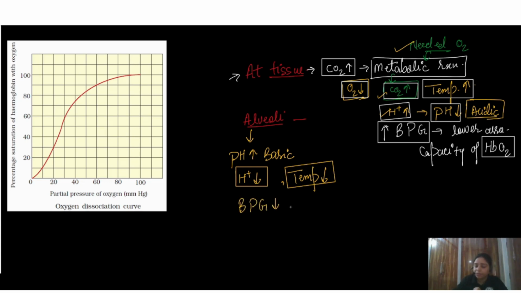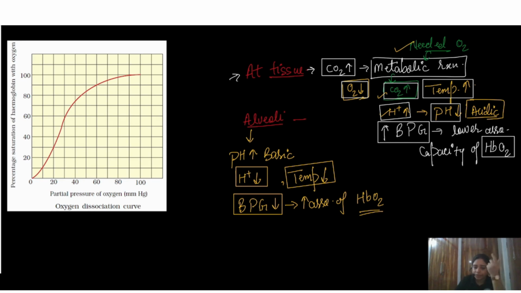Low bisphosphoglycerate causes increased association of HbO2. So because of the low BPG, the affinity of Hb for O2 increases.